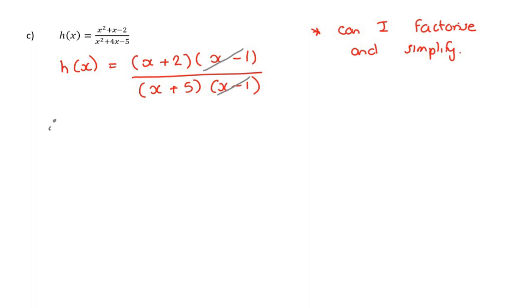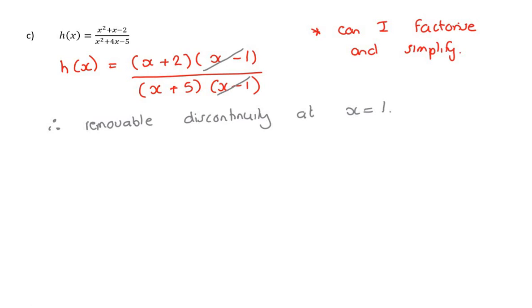So therefore immediately I know that there's a removable discontinuity, which means basically a hole in the graph, at x equals 1. Simply because x equals 1 is not allowed in this function, x equals 1 is not part of the domain because the original function would be undefined.